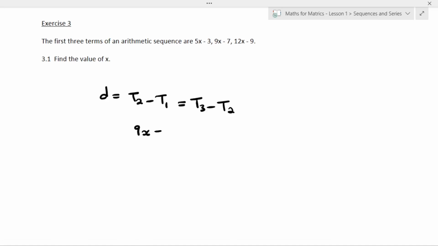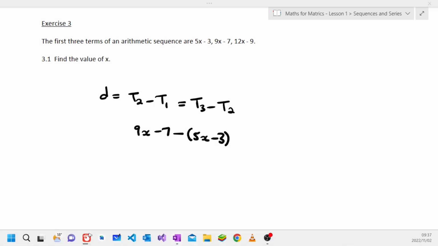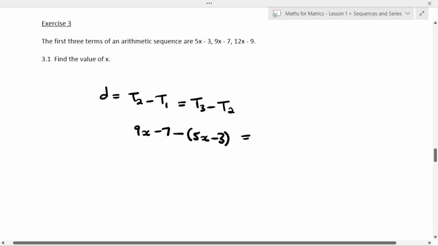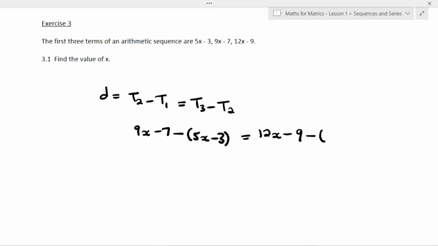Therefore we have (9x minus 7) minus (5x minus 3) in brackets on the left-hand side of the equation. T3 is equal to 12x minus 9, therefore on the right-hand side, we have (12x minus 9) minus (9x minus 7) in brackets. We can now multiply the minus sign into the brackets.